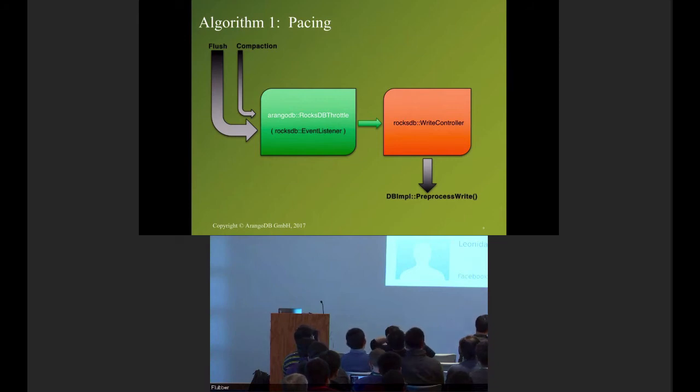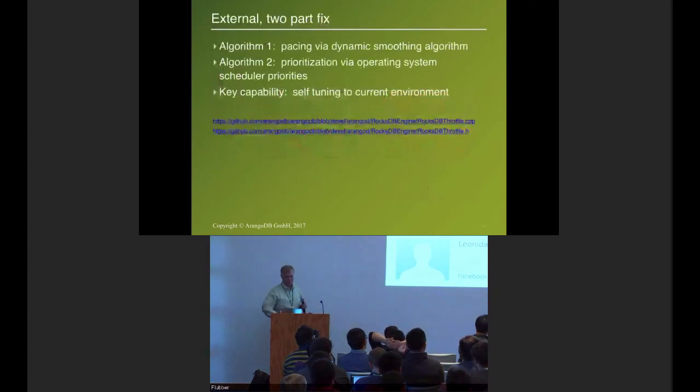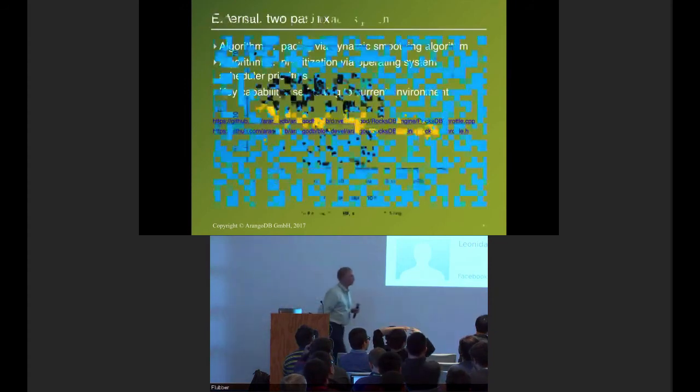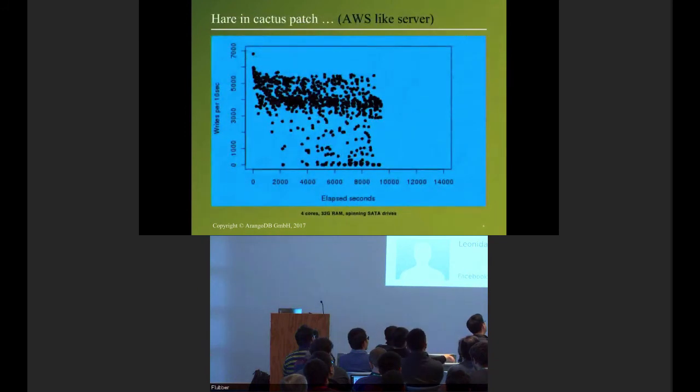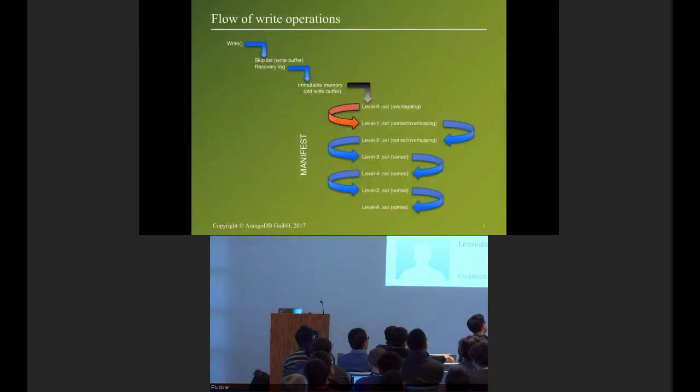But pacing is only half the story because the other half is prioritization. Let's go back a couple slides. If too many of these accumulate, we stop. If too many of the level zeros accumulate, we stop.